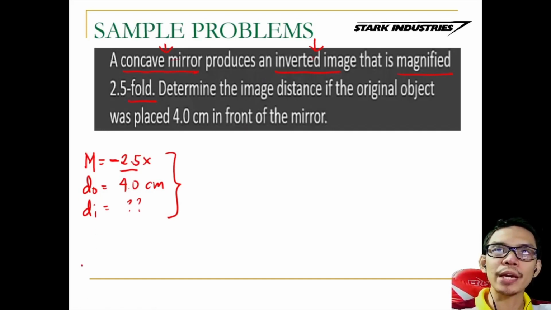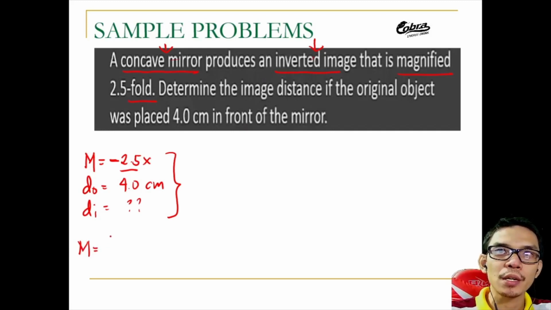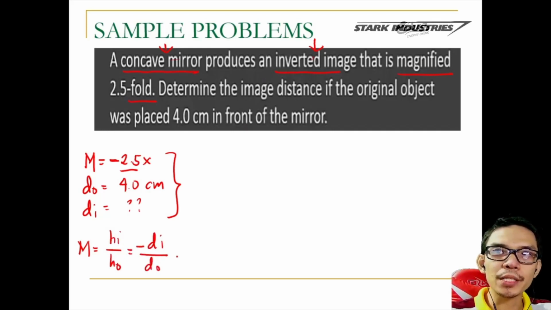Now, in this case we don't have focal length, so we will use the second equation, which is h sub I, or height of image, divided by height of the object, is equal to negative d sub I over distance of the object.